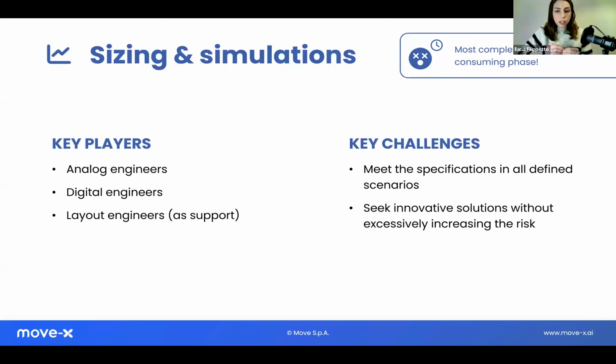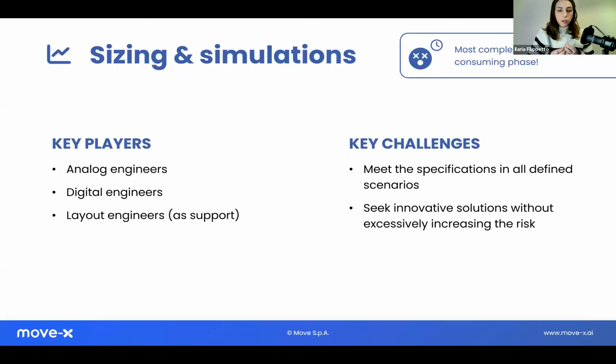During this phase, the main goal is that all the specifications are met in all the discussed scenarios. So during this period, all the blocks are sized and simulated. Depending on the requirements and also on the state of the art, it may be necessary to study and search for some new and innovative solutions.